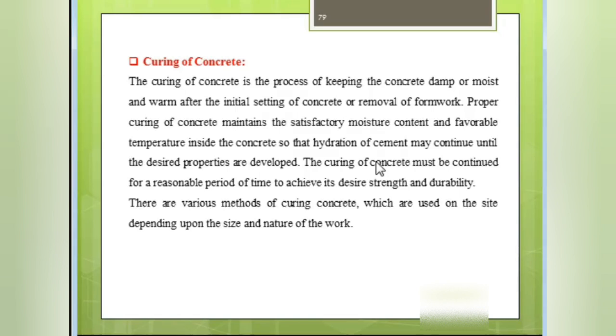Proper curing maintains satisfactory moisture content and favorable temperature inside the concrete. Why? So that the hydration of cement may continue until the desired strength is gained. That's why curing of concrete is important.